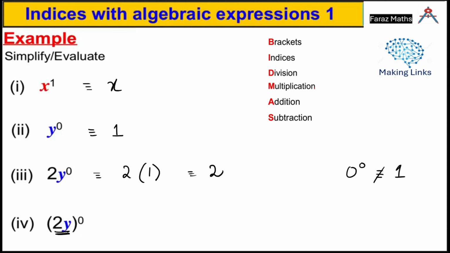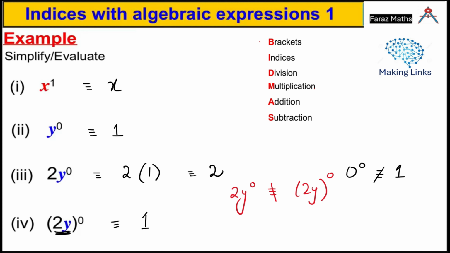Now 2y whole power is 0, 1. Anything to the power of 0 will give you the answer 1. And you have to make sure that 2y to the power 0 is not equivalent to the whole 2y to the power 0, like the whole bracket and there's power 0. You have to always follow the BODMAS rule.